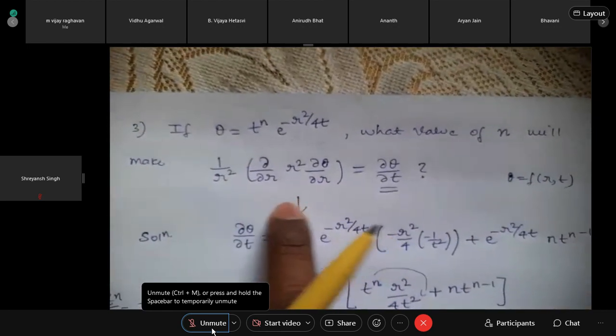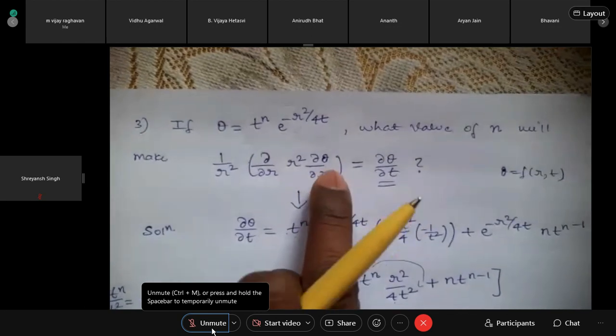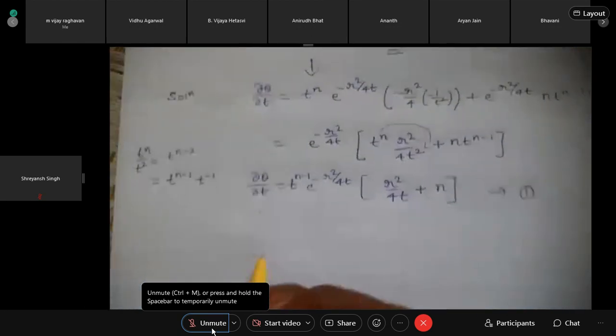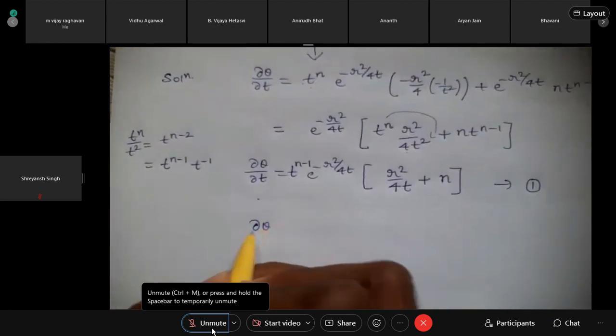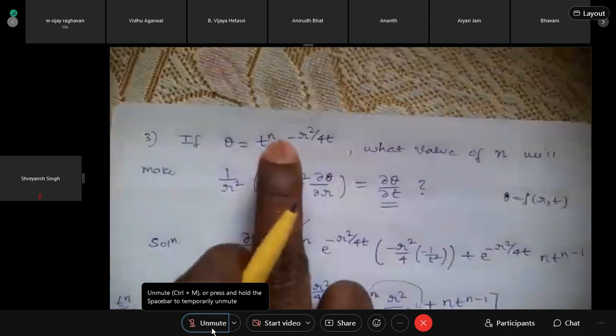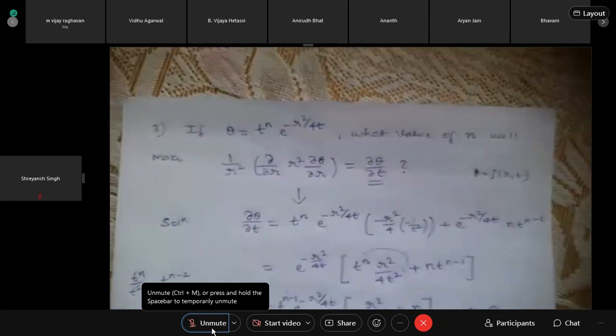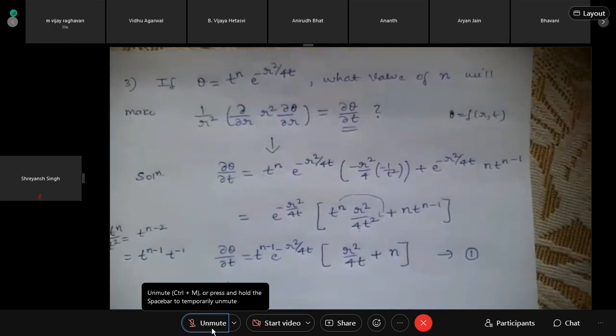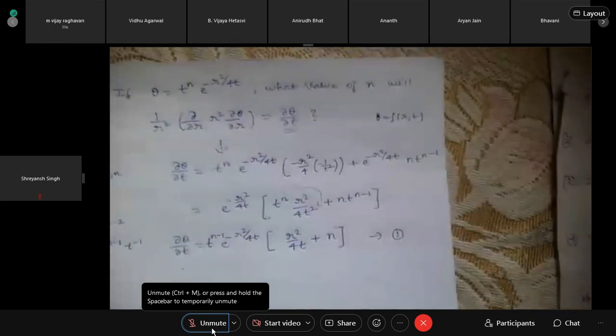That is the left hand side quantity. They have given some relation. Firstly, I will take dou theta by dou r. How do I take that? Here you have theta as t to the power n, e raised to the power of minus r square by 4t. How do you differentiate this?